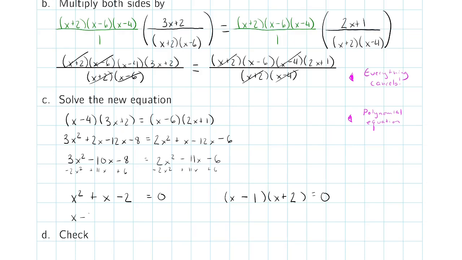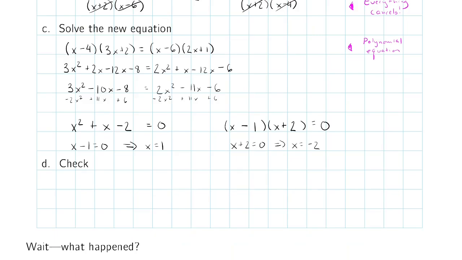So either x minus 1 is 0, which gives me solution x equals 1, or x plus 2 equals 0, which gives me solution x equals negative 2. So I think that x equals 1 and x equals negative 2 are the solutions to my original equation.